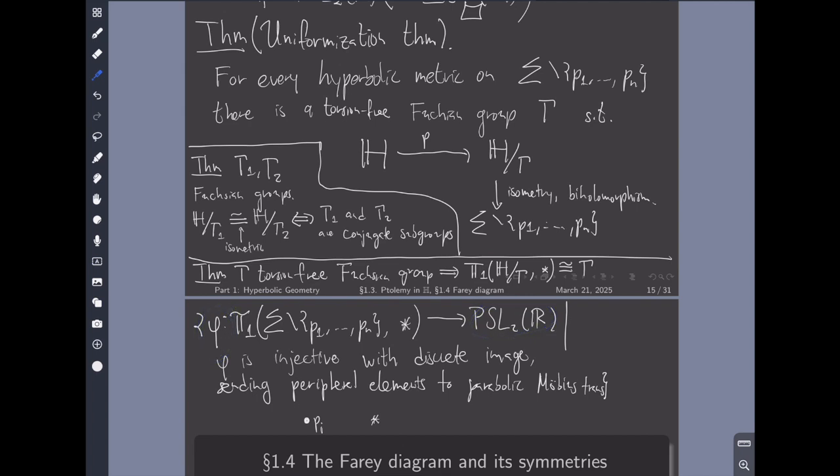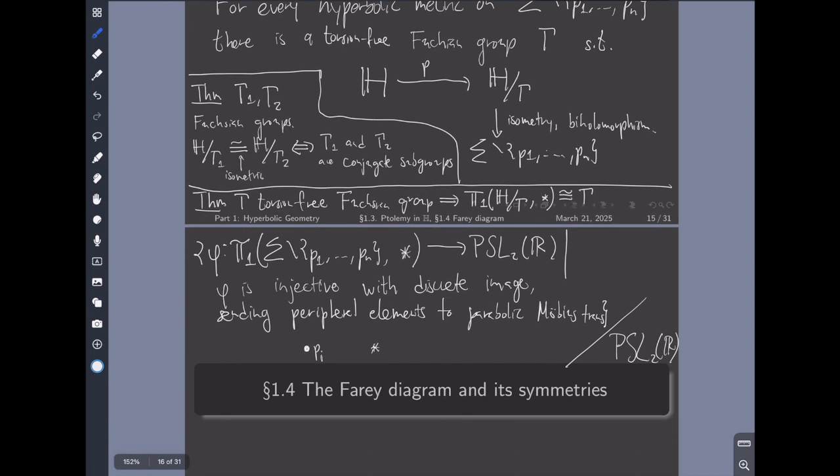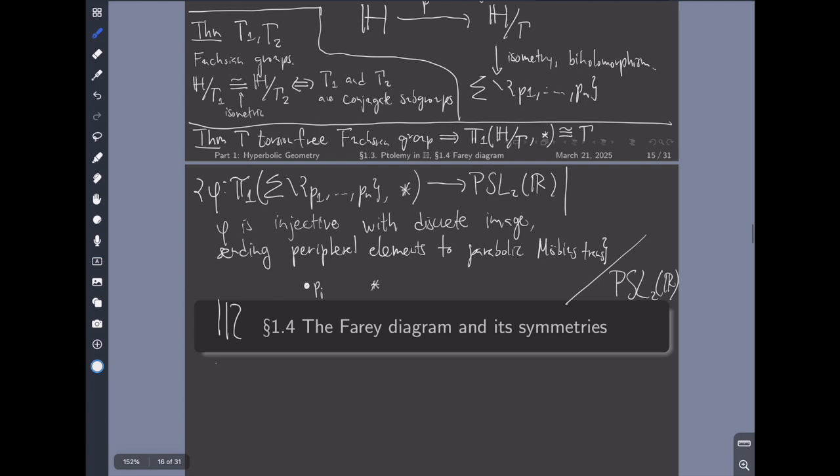So PSL2R acts on this set by conjugation. And this is another way to define, different from the one we saw in Professor Tomasi's course, the Teichmüller space of, let's say, just G, N.